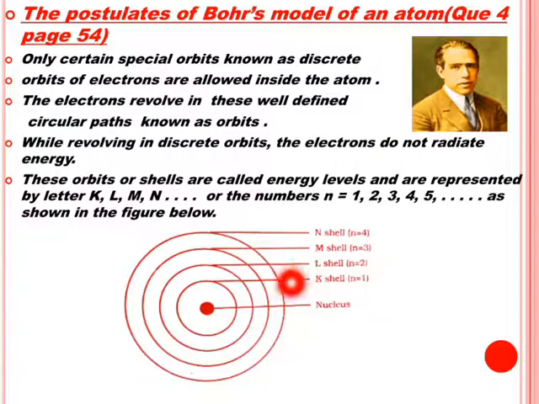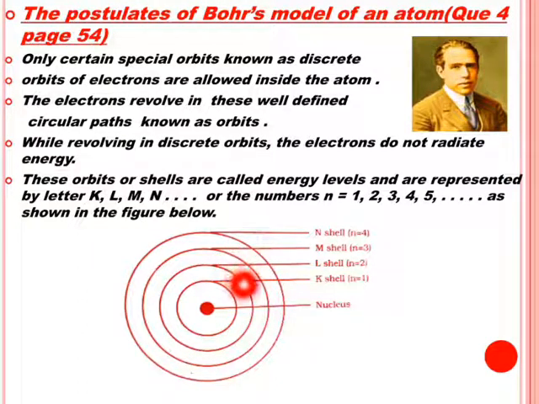According to Bohr's model of an atom, only certain special orbits, known as discrete orbits, of electrons are allowed inside the atom. The electrons revolve in these well-defined circular paths, known as orbits. While revolving in these discrete orbits, the electrons do not radiate any energy.